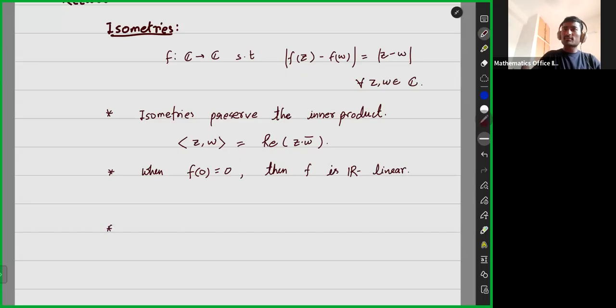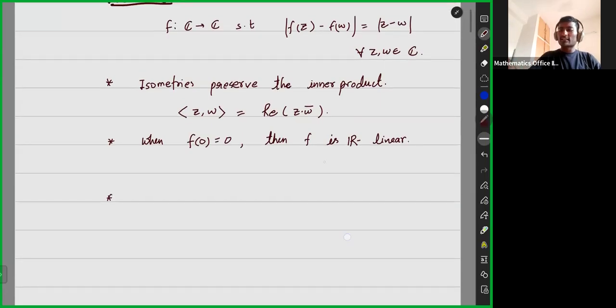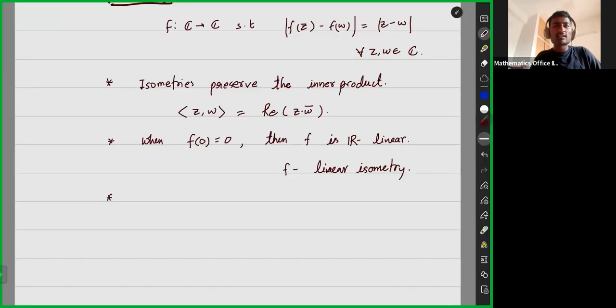And the third fact about linear isometries is that they are either rotations or reflections.